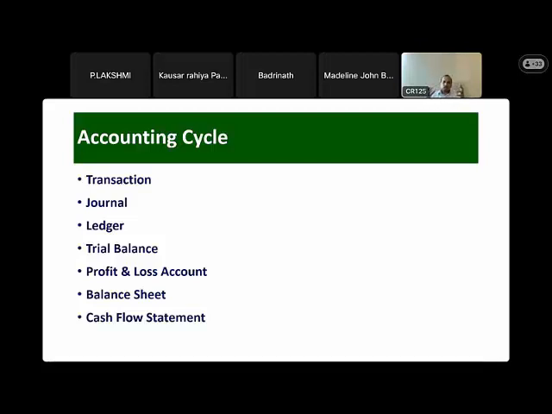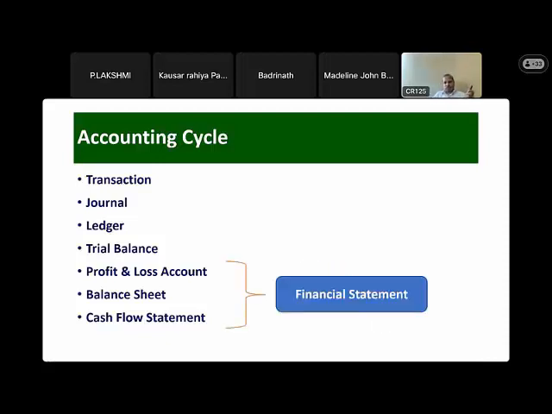You need to consider the opening cash balance and closing cash balance, and analyze where the cash has gone and what the sources are from which cash has come into the business. I hope everyone is getting a clear idea about this accounting process. The last part is what we call the financial statements, right?